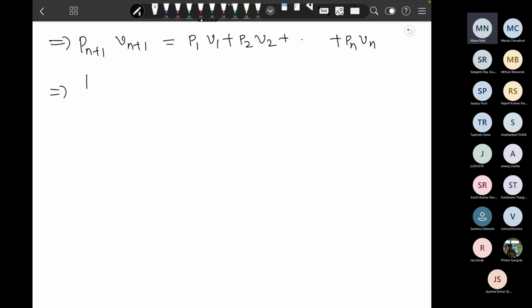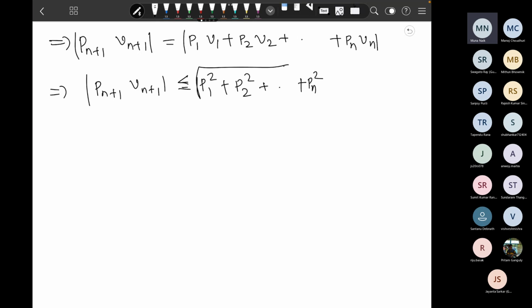So I take the modulus on both sides and apply the Cauchy-Schwarz inequality.